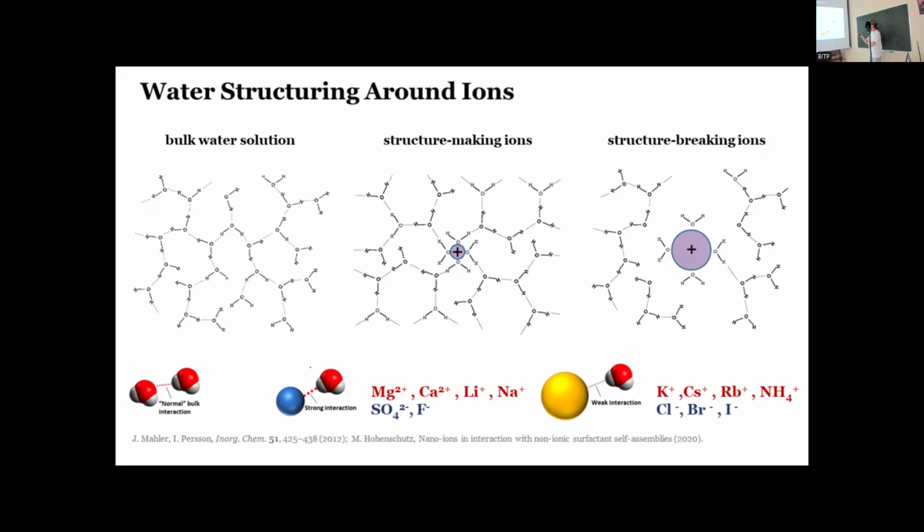And I forgot to say that the key factor governing these interactions is ion charge density. Ions with higher charge density generate a stronger electrostatic field around themselves, so they attract water molecules more strongly compared to ions with lower charge density, like lithium or rubidium, etc.